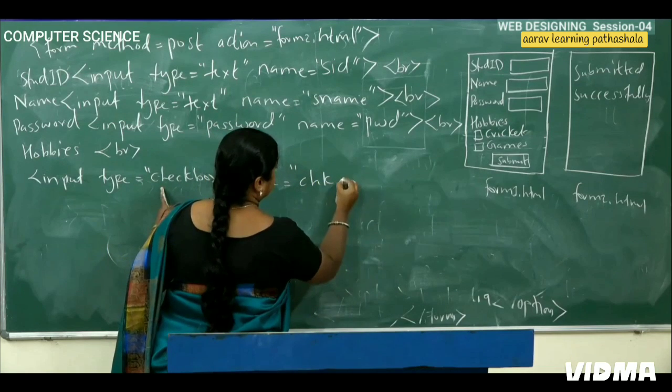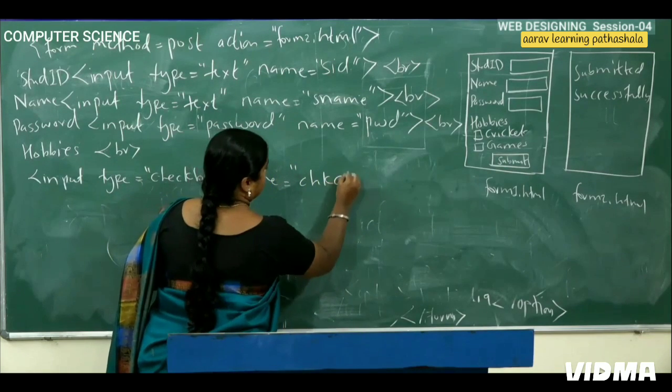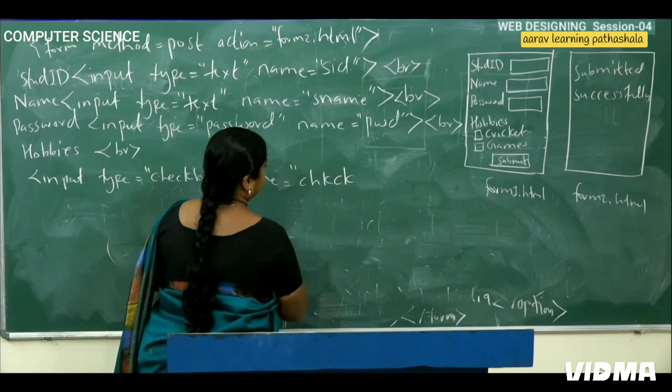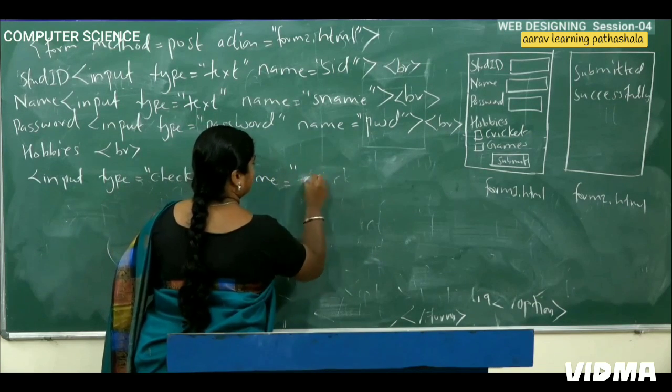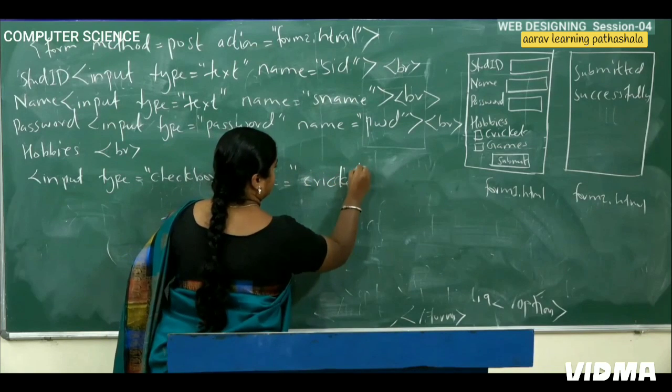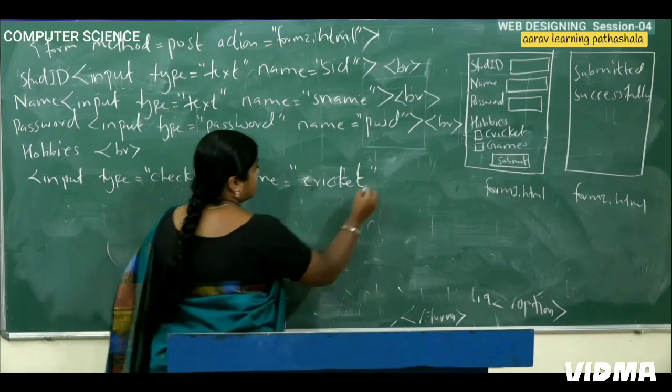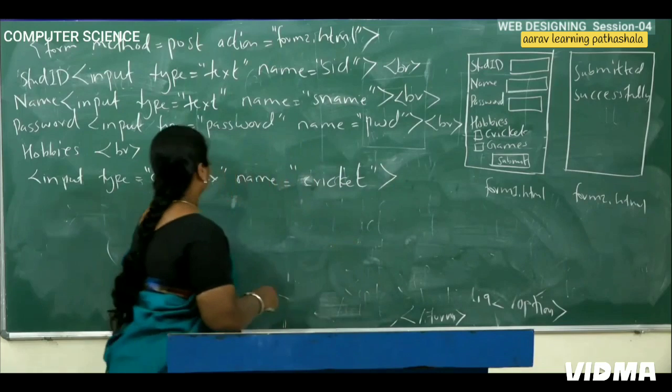Here it is cricket. So here we will mention it as CK. Double quote complete. Then finally we'll close the tag.